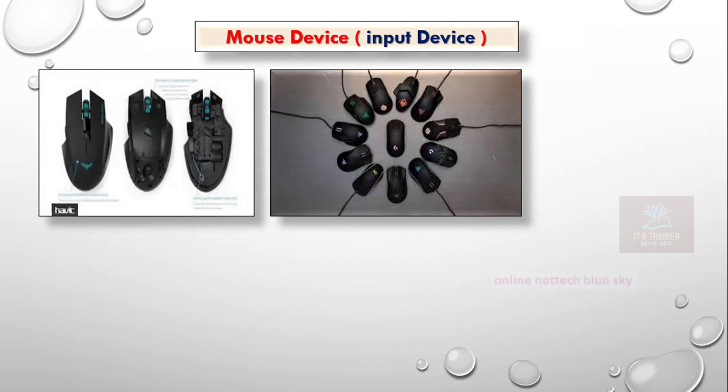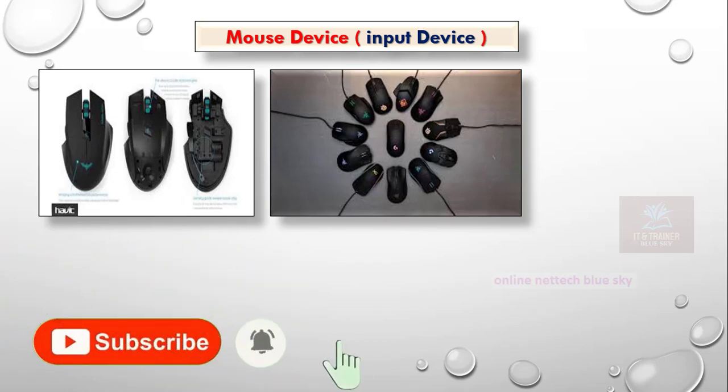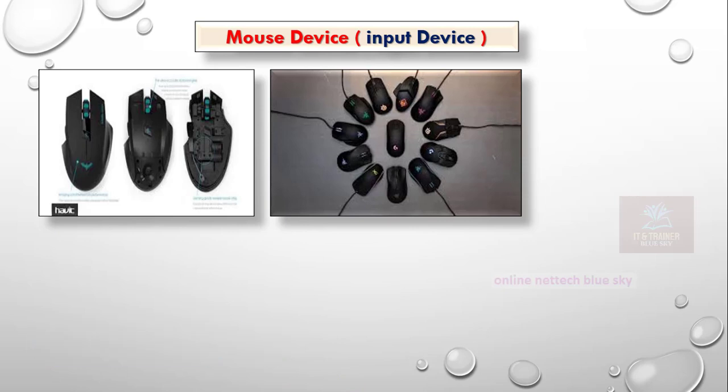A mouse has different wires for work, and it is an input device because it only sends signals to the computer. The CPU processes them and shows any changes you make with the mouse, and shows your data on the display: CRT display, LCD, LED display.